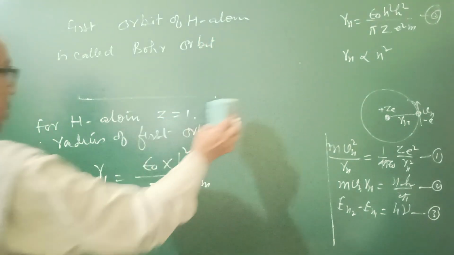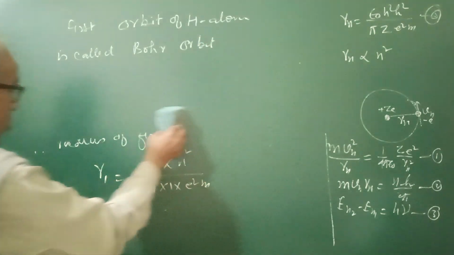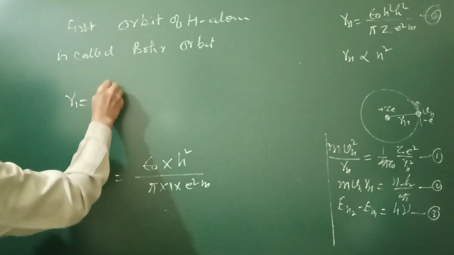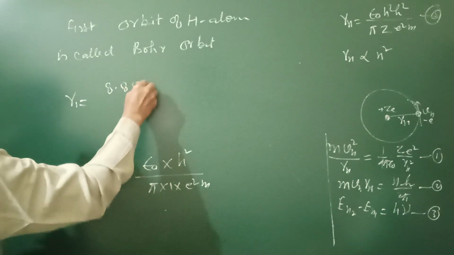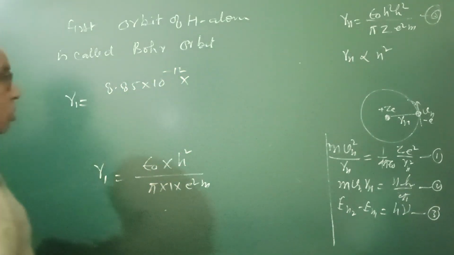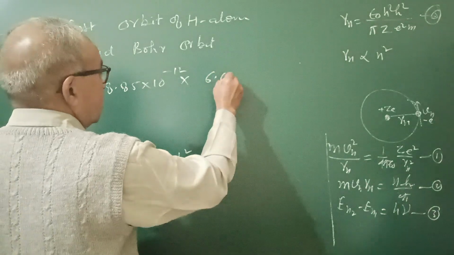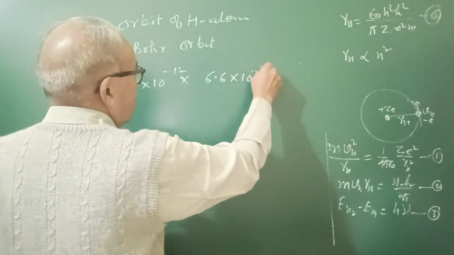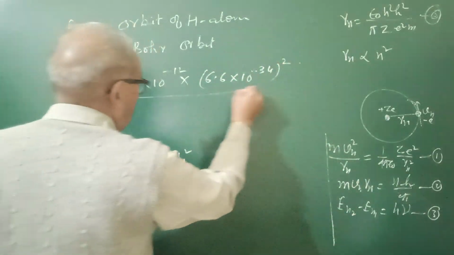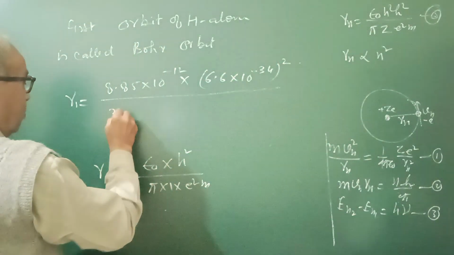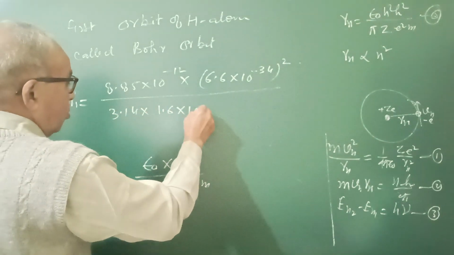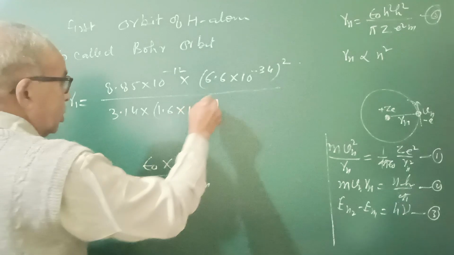वो निकालना है हमने R1, so we have to put the value of epsilon 0 equal to 8.85 × 10 to the power minus 12, h Planck constant 6.6 × 10 to the power minus 34, squared, upon 3.14 into 1.6 × 10 to the power minus 19 squared.